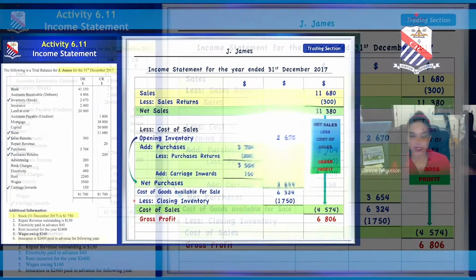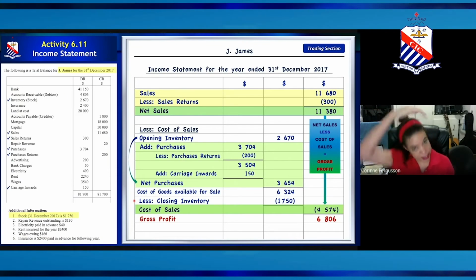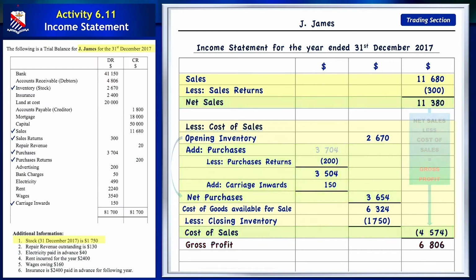So that's it. We have just completed our gross profit, our first section, the trading section, trading meaning to buy and sell. So we have just finished that part of it, and that is the part that calculates your gross profit, and we got the 6,806.